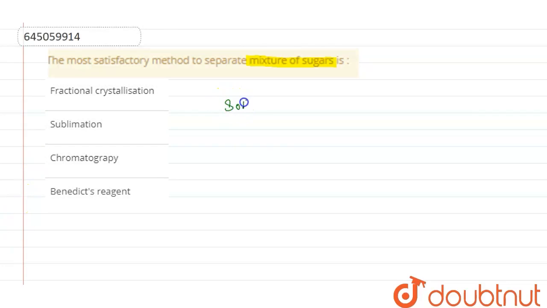So the solution. The first one is fractional crystallization. In fractional crystallization, refining of a substance is done on the basis of solubility in a particular solvent.